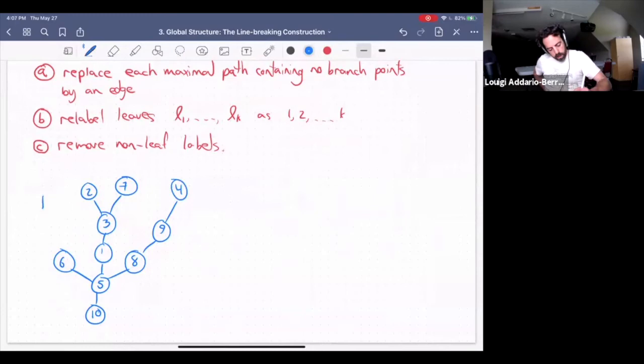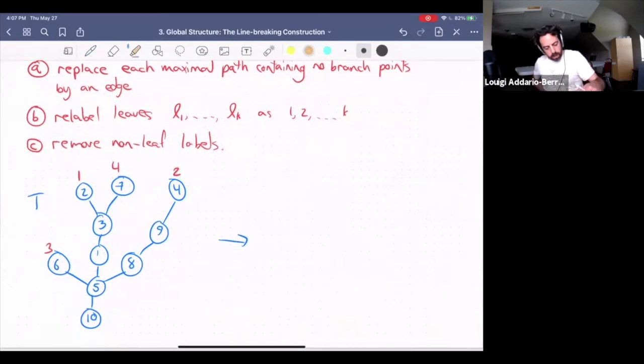Okay, so here's a tree T. What's the shape of T? So there are 4 leaves. Leaf 1, here's the smallest. Leaf 2, leaf 3, leaf 4. Okay, and so we're just encoding the branching pattern. This first step is the key one. Replace the maximal paths containing no branch points by edges.